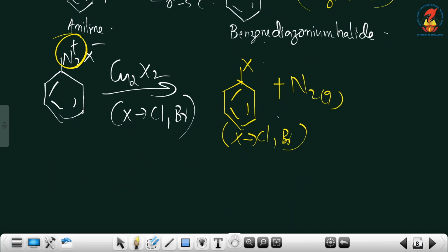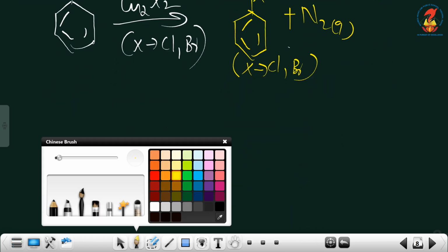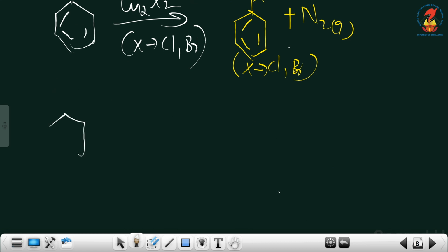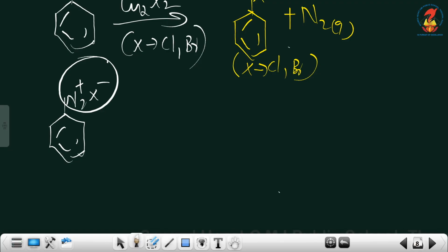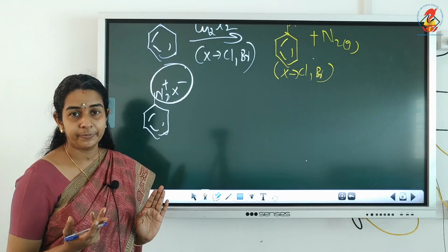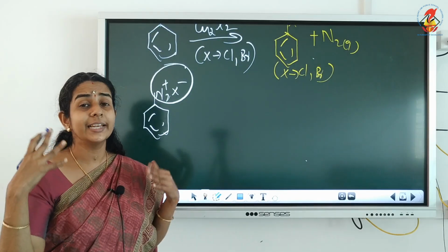Now if we want to prepare iodobenzene from a benzene diazonium salt, N2+ X-, replacing the diazonium group by iodine, we know that iodine is larger in size.